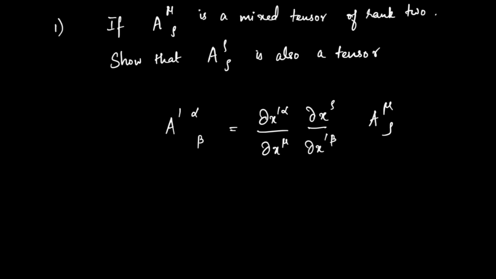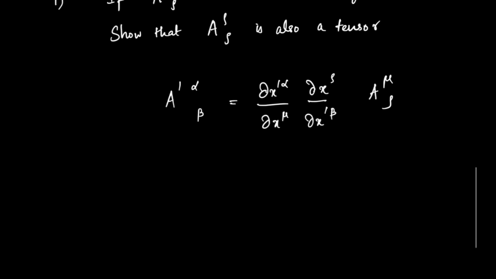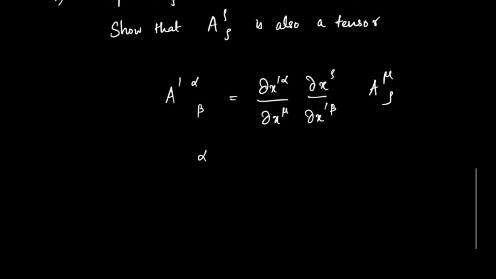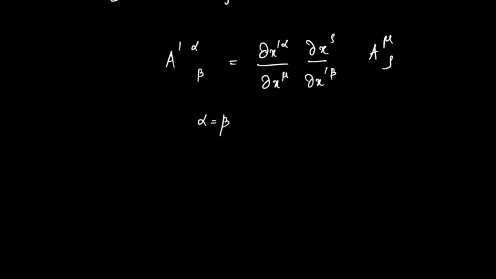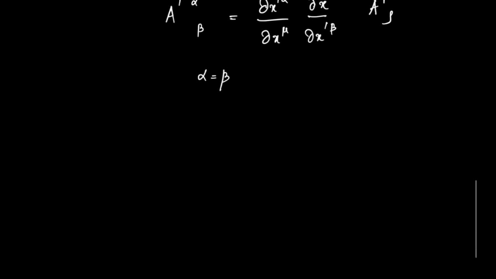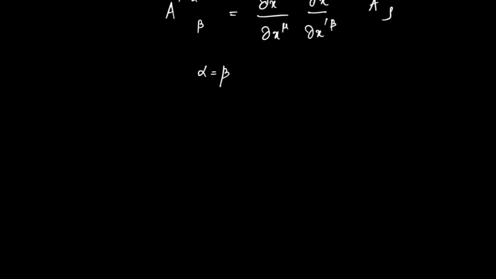Now I have to show that A rho rho is a tensor. For that I have to put alpha equal to beta. Now I am going to substitute.